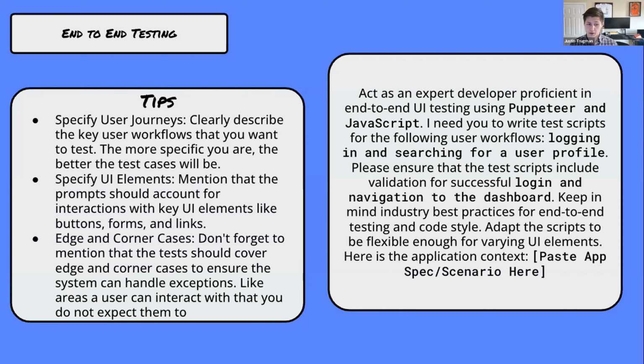It's very convenient to have AI write test cases for edge and corner cases at the end-to-end testing level, because a lot of times, at least from what I've seen in early applications and startups, there are a lot of buttons that might not fully work, but kind of work. There are also workflows where you don't expect users to click on things, and they end up clicking on things. So having AI write some of these test cases, where it might not make sense for a developer to fully flesh them out, is pretty nifty.